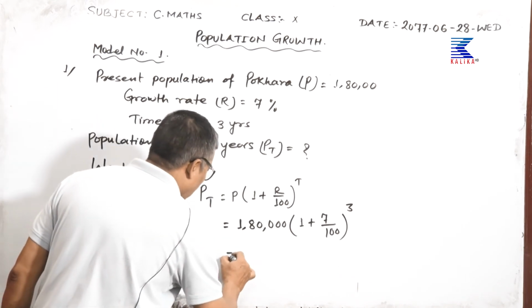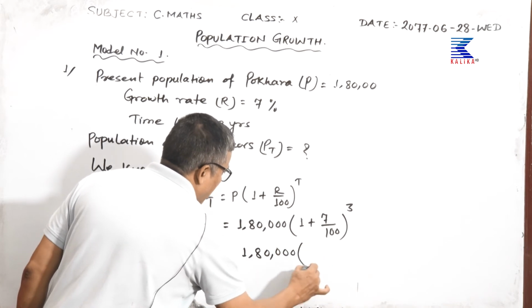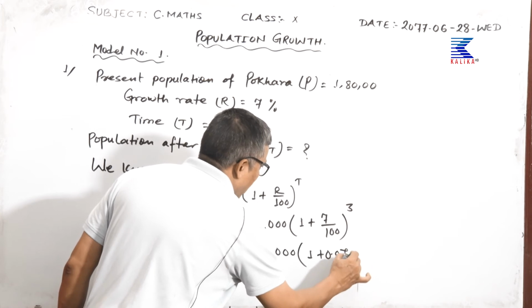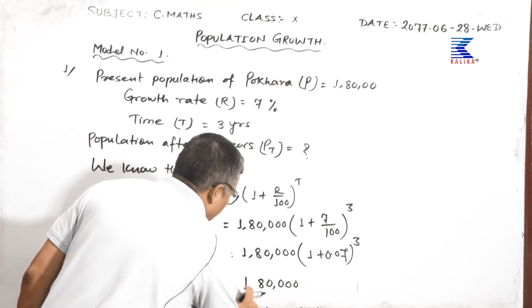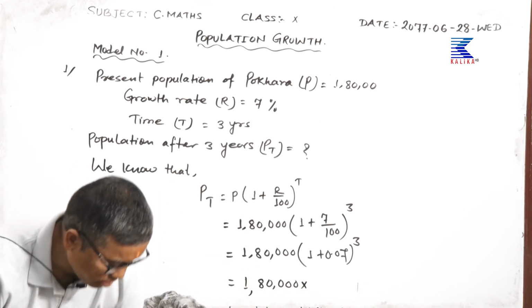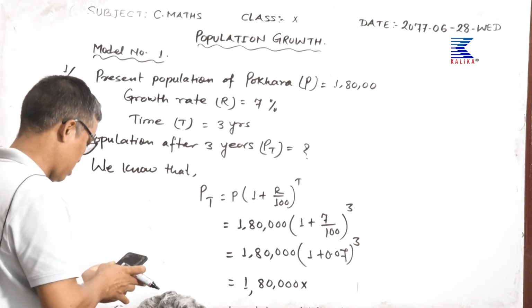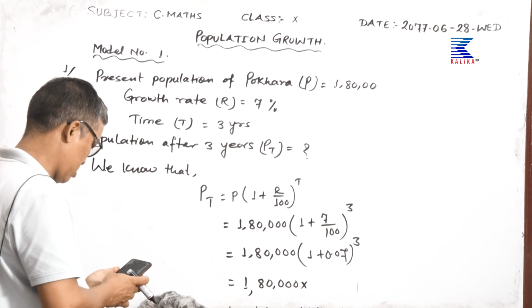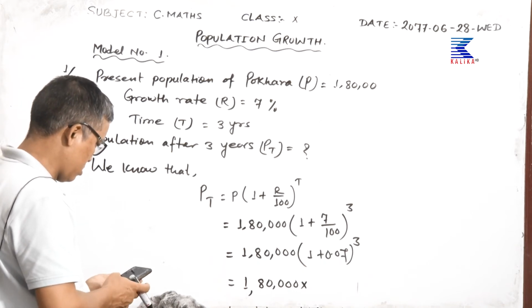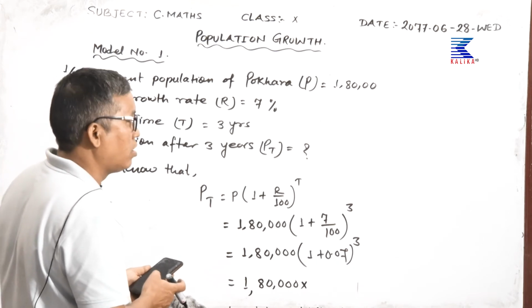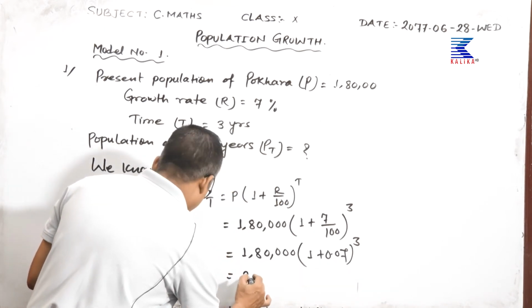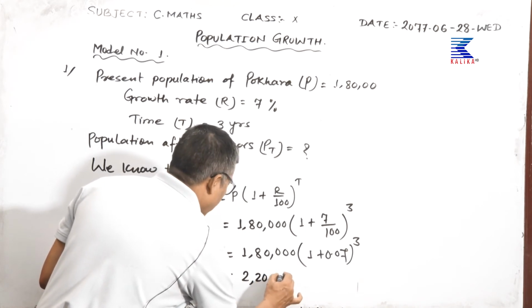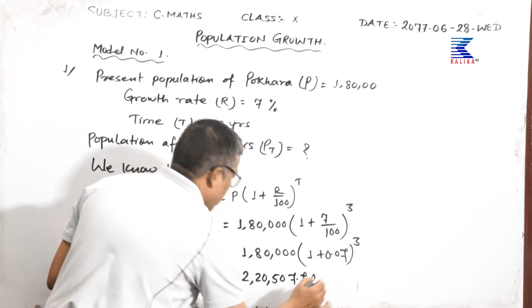Clear? 1,80,000 into (1 + 0.07)^3. The product of this is 2,20,507.74.